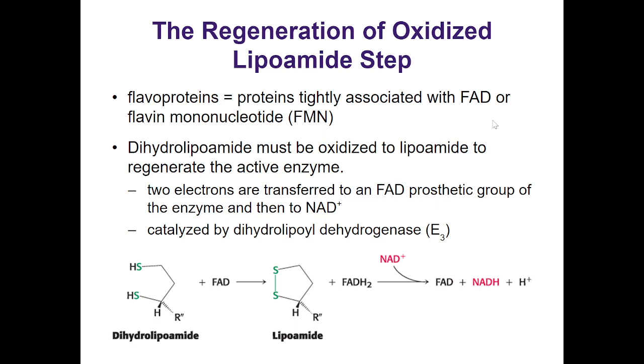The flavoproteins, these are proteins that are tightly associated with FAD or flavin mononucleotide, or FMN, which would be the flavin mononucleotide abbreviated. The dihydrolipoamide must be oxidized to the lipoamide to regenerate the active enzyme. 2 electrons are going to be transferred to the FAD prosthetic group of the enzyme, and then they'll be transferred off of the FAD, which has the electrons on it.